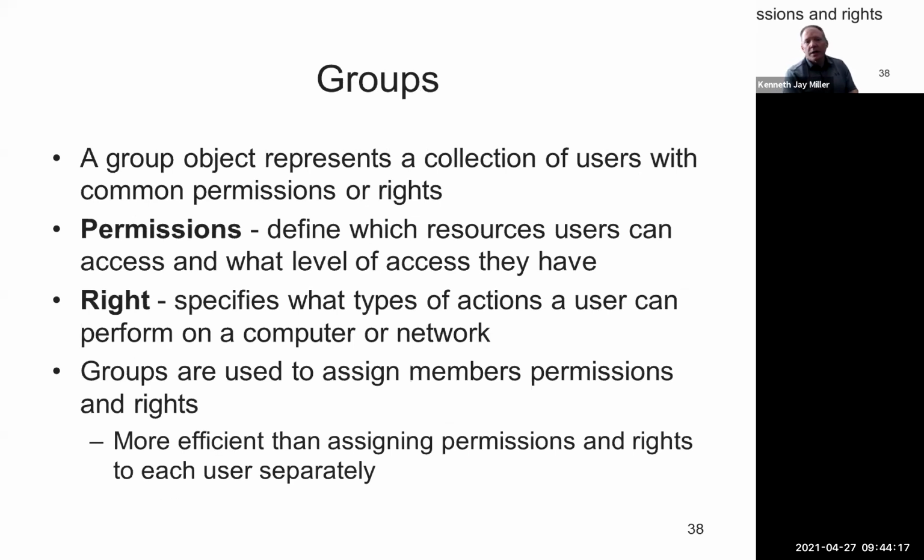Groups are used to corral a collection of users that have common permissions or rights, because it's much easier to assign a permission to a group than it is to individually assign it to 10,000 users, right? If those 10,000 users need internet access, we can create a group called internet access and put all the users in there, which is easy.